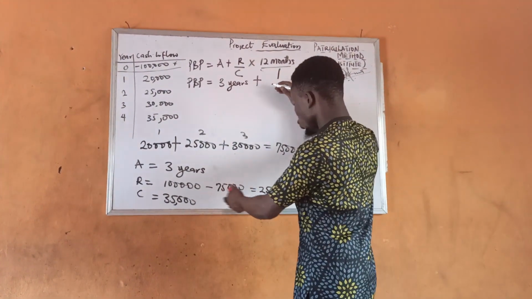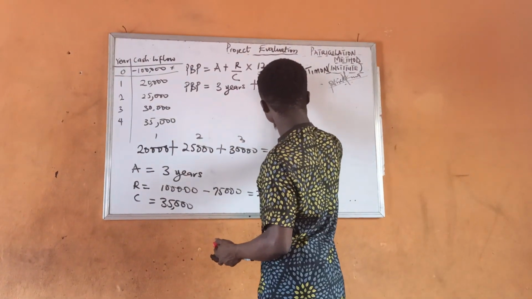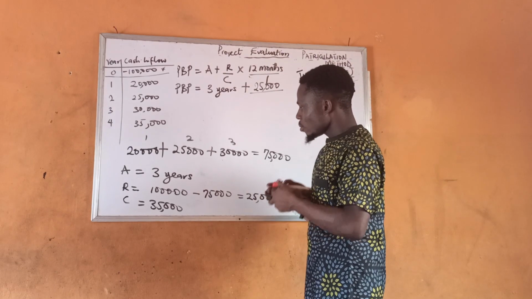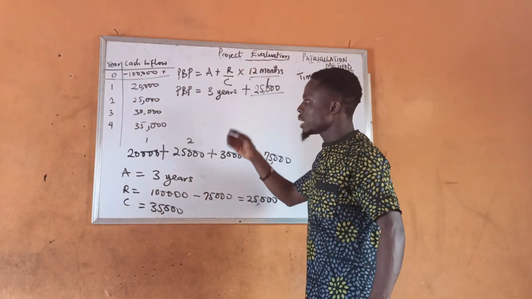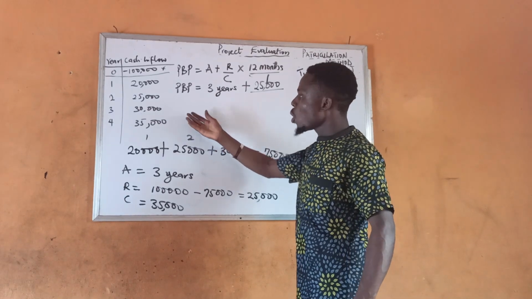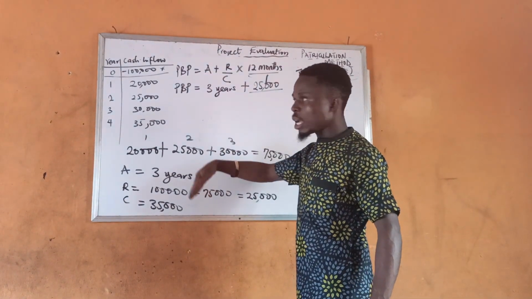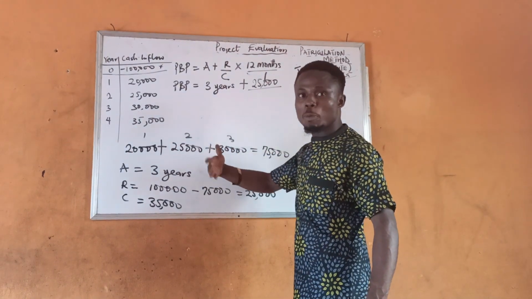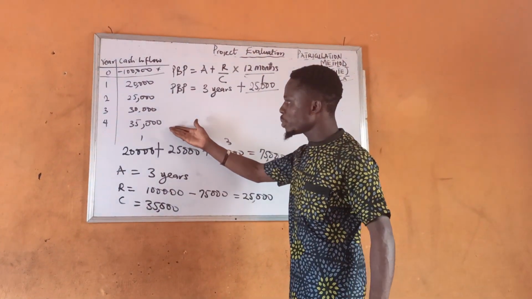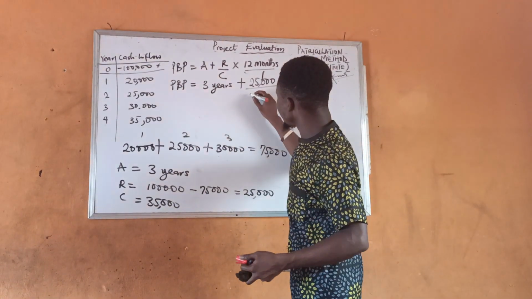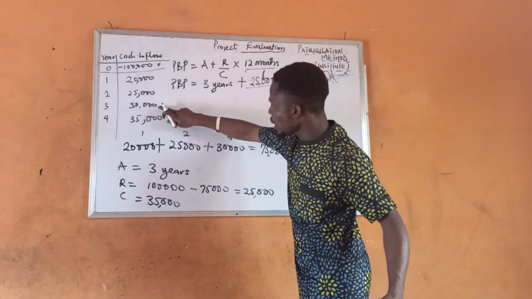R there is 25,000, over the amount of C, the amount produced in the next year after the A. It depends on the number of years it takes the business to get the money. So we'll have 35,000 here because that is the next year after this point.